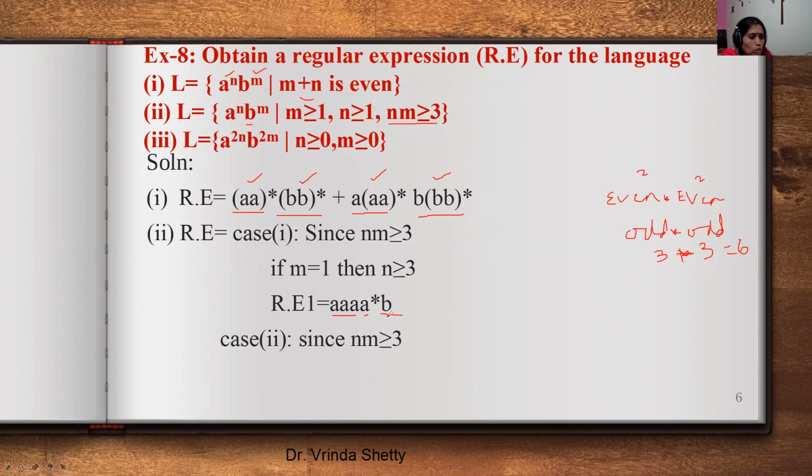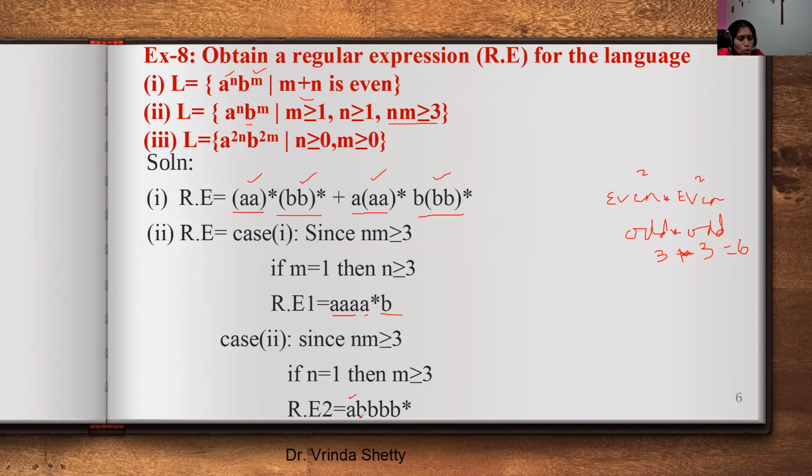So next condition, when m is greater than or equal to 3 and n is equal to 1, since nm should be greater than or equal to 3. First condition was m is equal to 1. Now this condition, if n is equal to 1, then m should be greater than or equal to 3. How do we write this regular expression? Second regular expression we'll write here: n is equal to 1 means a is 1. m is greater than or equal to 3. That is, number of b's should be greater than or equal to 3.